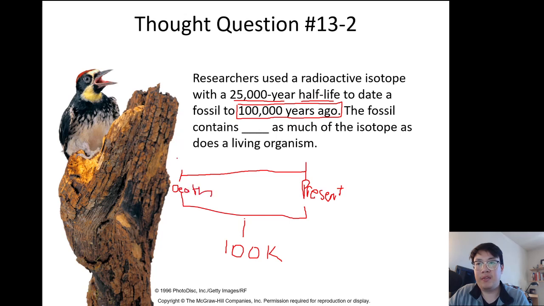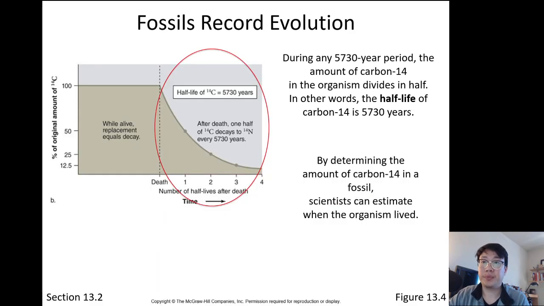I know at the beginning of the death, we had 100% carbon-14. Again, remember, we have 100% carbon-14 when they are alive. It is only when they die, the moment they die, that's when the half-life starts counting.